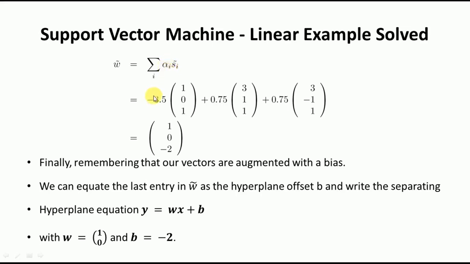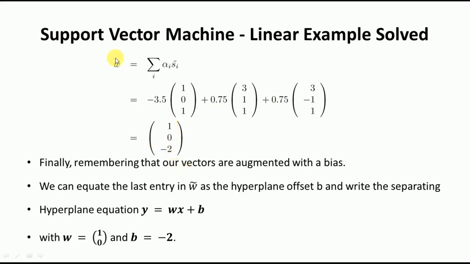So alpha 1 is minus 3.5, S1 is 1, 0, 1, plus alpha 2 is 0.75, S2 is 3, 1, 1, plus alpha 3 is 0.75, S3 is 3, minus 1, 1. Once you solve this equation, you will get 1, 0, minus 2. So W tilde, that is the W vector, is equal to 1, 0, minus 2.